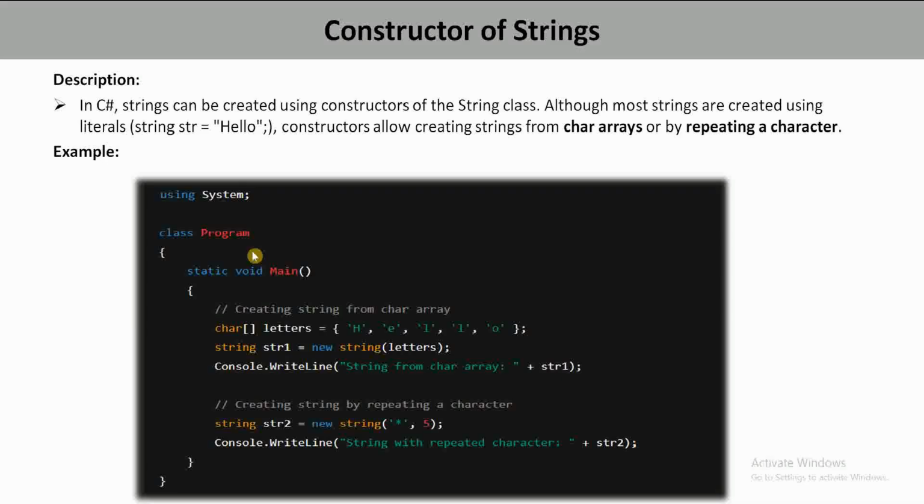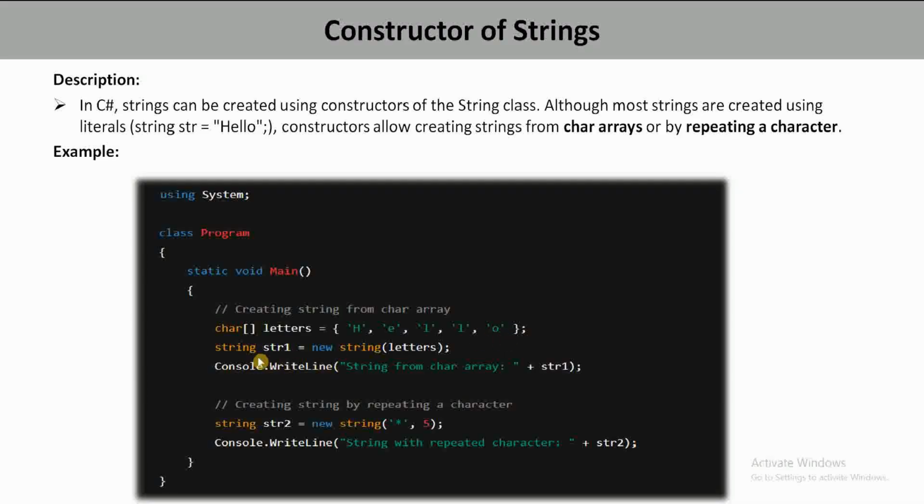Here we have the example of constructors. Here we have a char array with 5 letters. While generating this char array, it only grabs a single character at a time. We are using an array of char, adding multiple characters, each in single quotes.